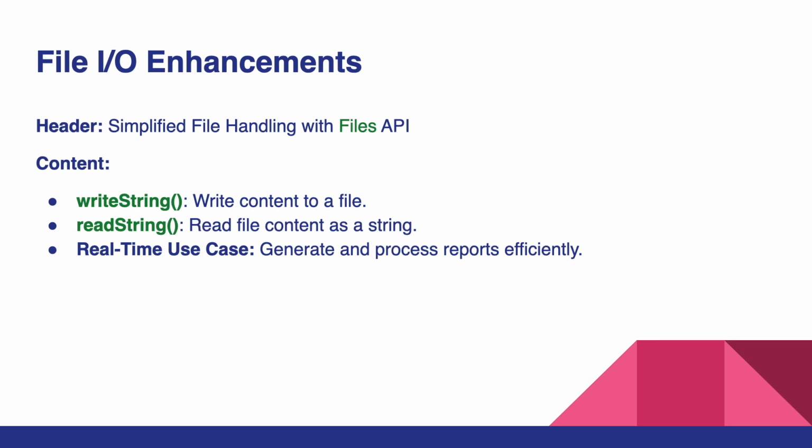File input output enhancements. The file API enhancements in Java 11 make reading and writing files as simple as possible. New methods like writeString and readString allow for quick, readable code for managing file operations.